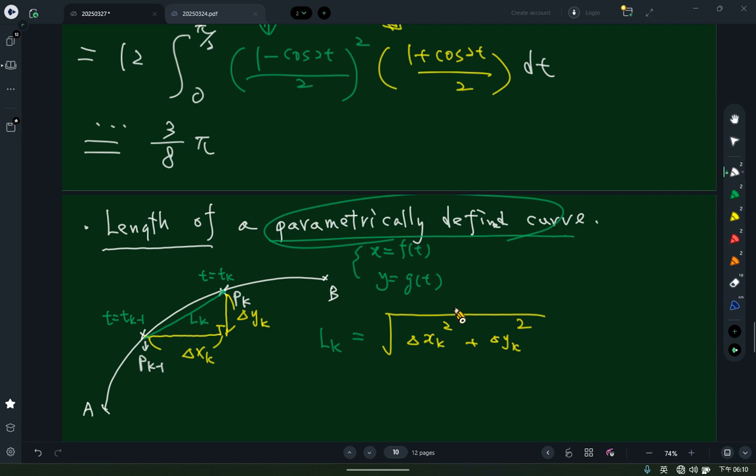If we want to know the total length L, it is almost equal to the sum, k from 1 to n, of L_k. Then we can also express it as the sum, k from 1 to n, of the square root of delta x_k squared plus delta y_k squared.